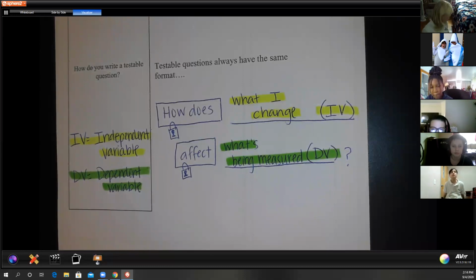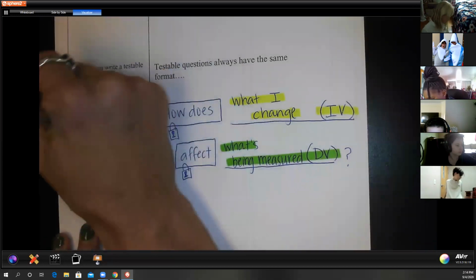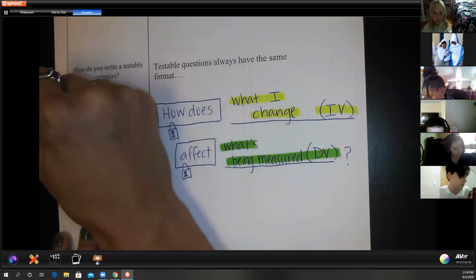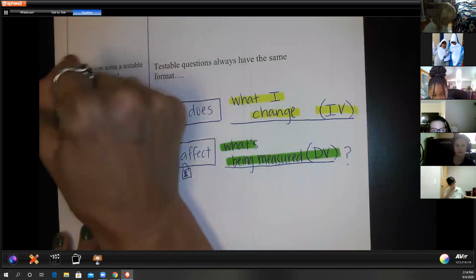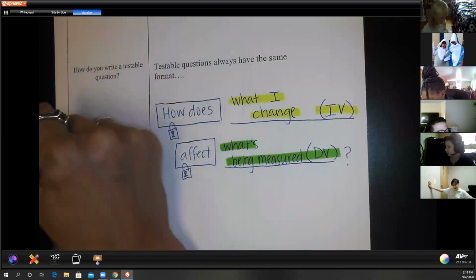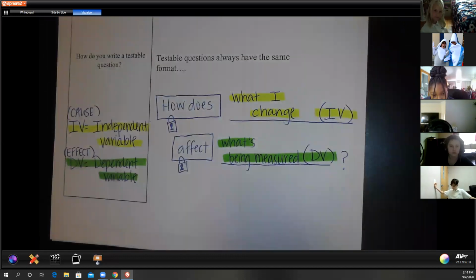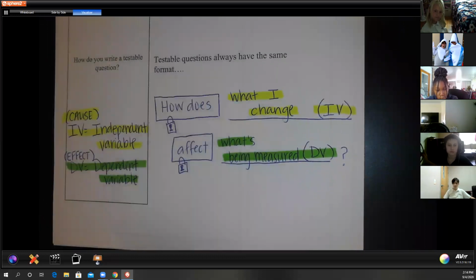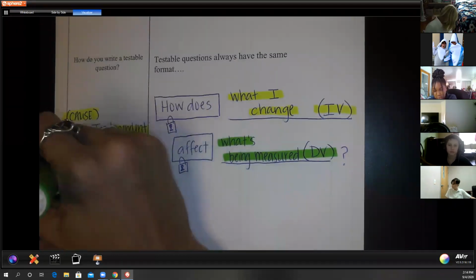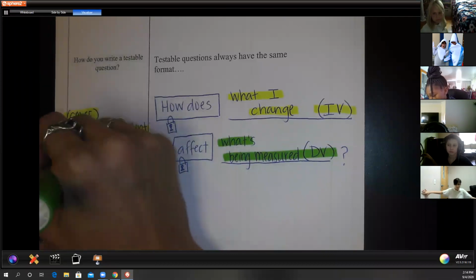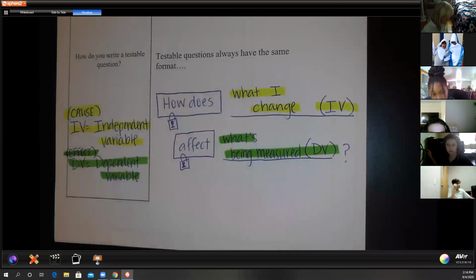What I'm changing is going to cause something, right? What I'm measuring is going to be the effect of something, right? So my IV is my cause, and my DV is the effect. We always analyze cause and effect relationships in science. Like in our practice quiz, the cause was changing the food and the effect was how much water she drank.